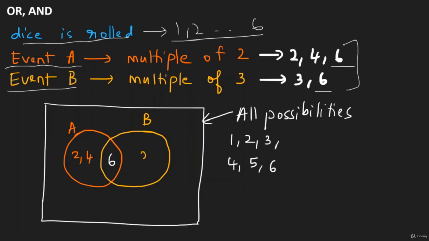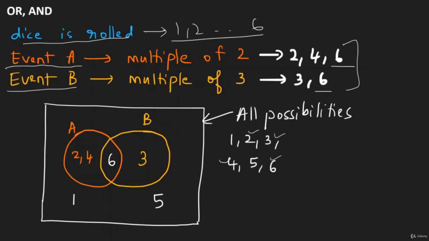So 2 and 4 is over here, 6 is in the intersection part, and 3 is over here. And what are the remaining events? We have covered 2, 4, 6, 3, right? So 1 and 5 remain. So they are drawn outside. And as we said, this over here represents the universe of events, that is all the possible outcomes.